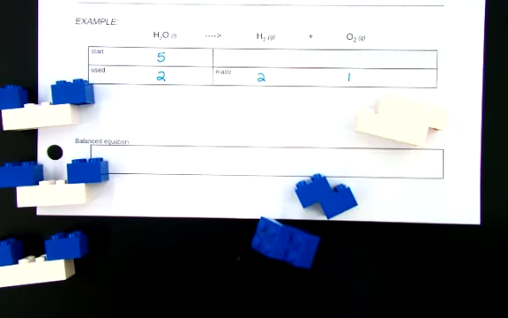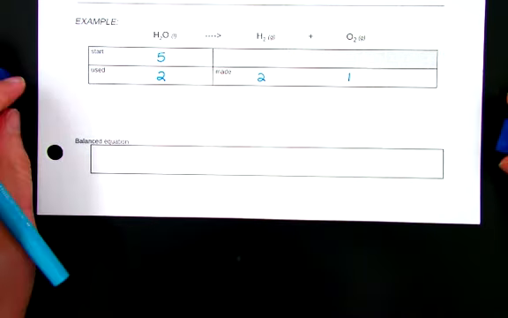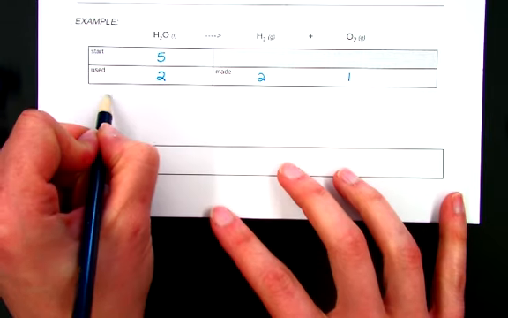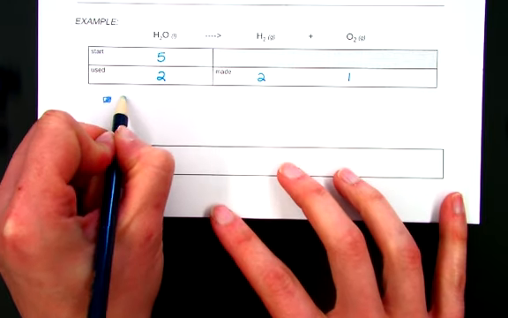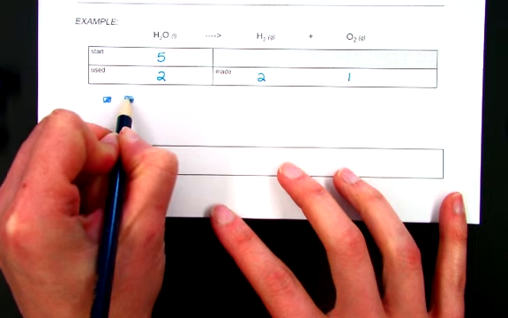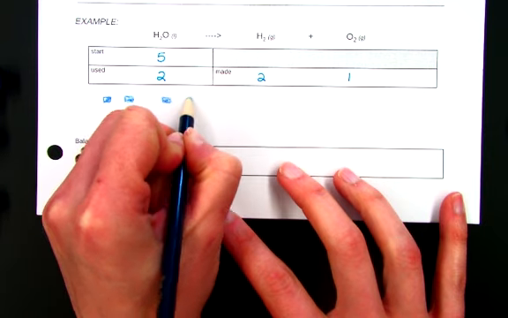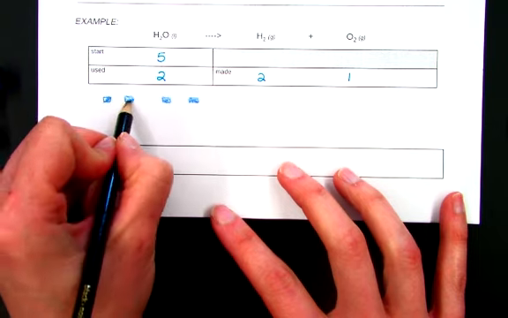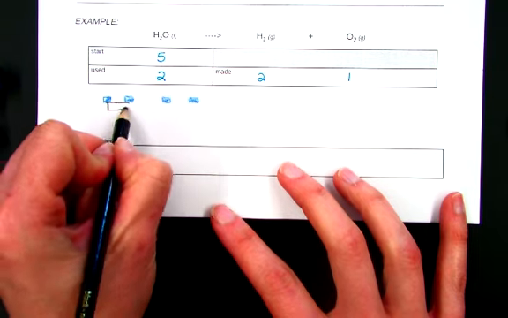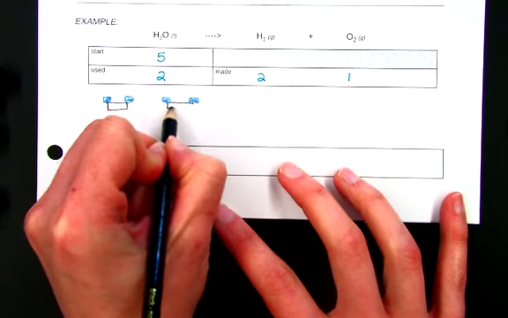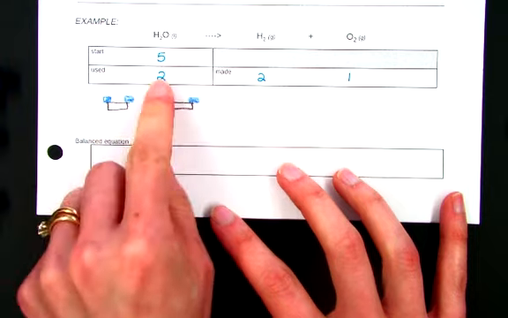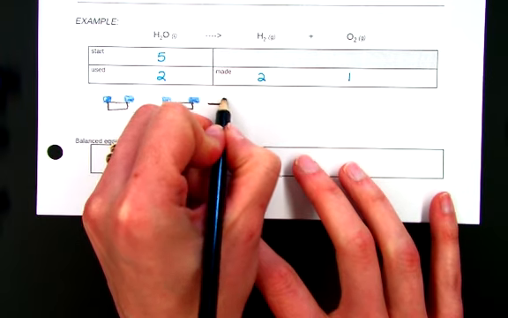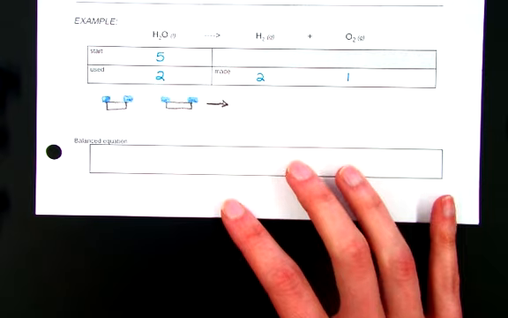Got it? Now, once you have that, what you're going to do in this little space here is draw the models that you made. So right now I'm drawing my water molecules with the blue color pencil. And I'm drawing 2 of them on this side because that's how many I used. Then I'm going to draw an arrow, in any chemical equation.